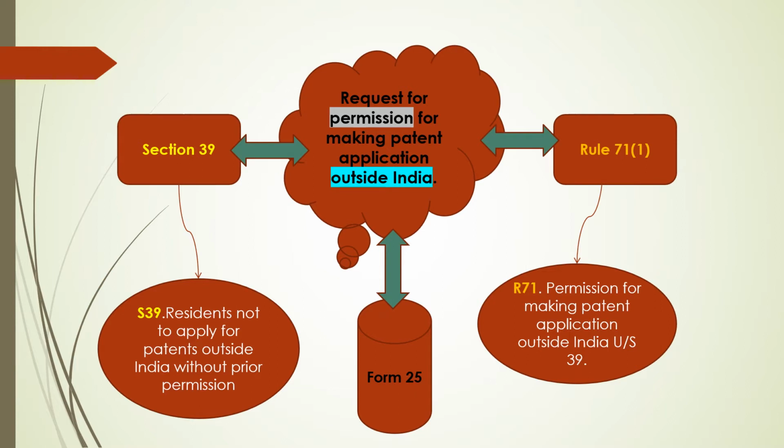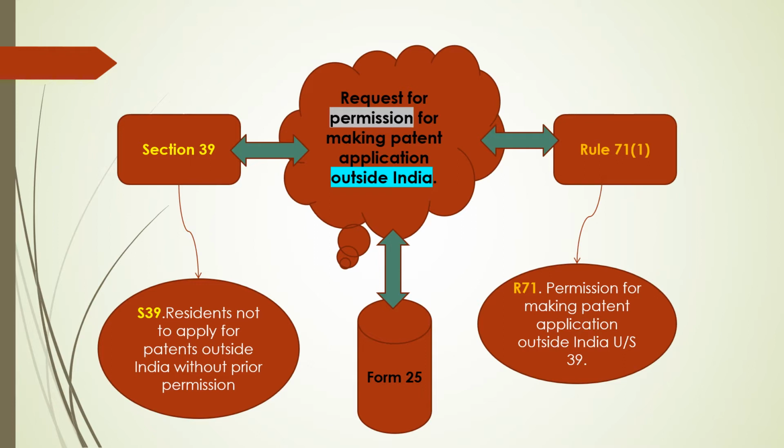That's why outside India is the primary keyword and permission is the secondary keyword. So I hope it is pretty much clear now. Just remember, form 25 is for permission to be taken to apply outside India.